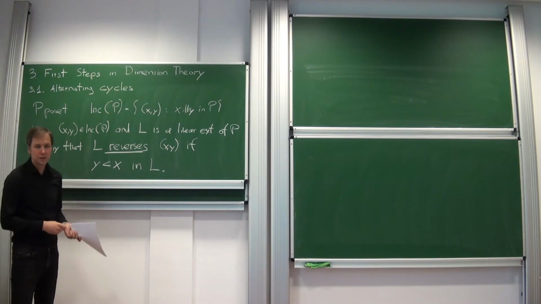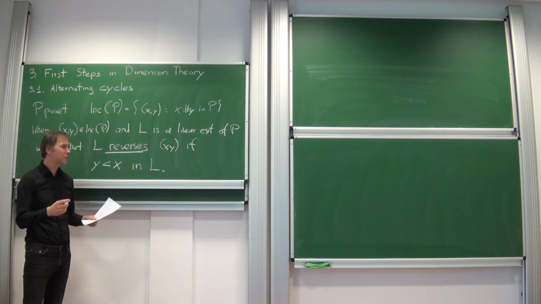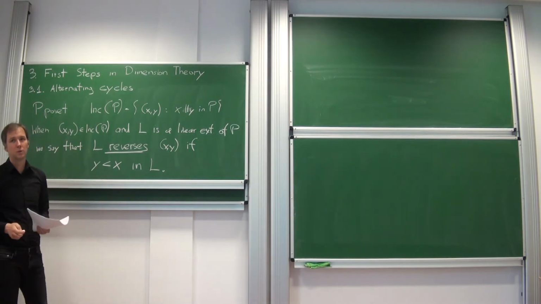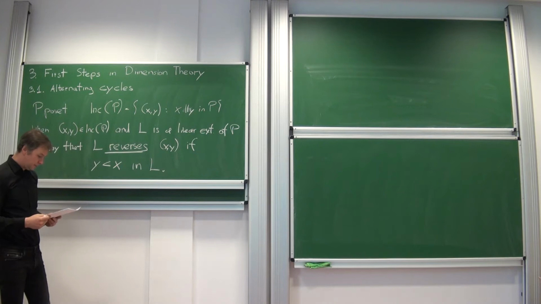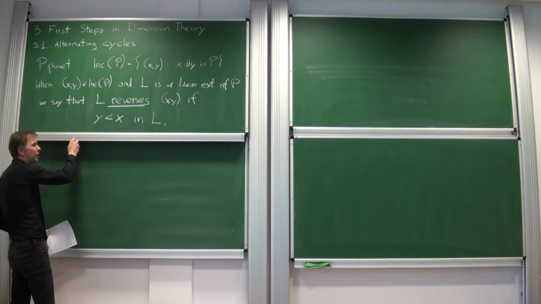We know that in a realizer, there must be a linear extension that does the job, that reverses this pair. But a linear extension can reverse more than one pair, right?